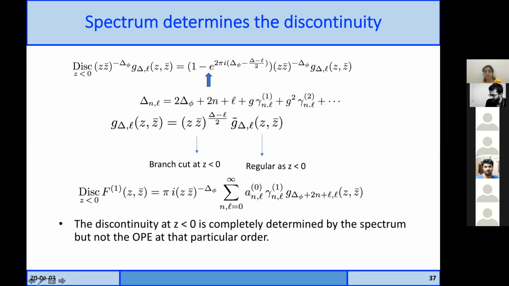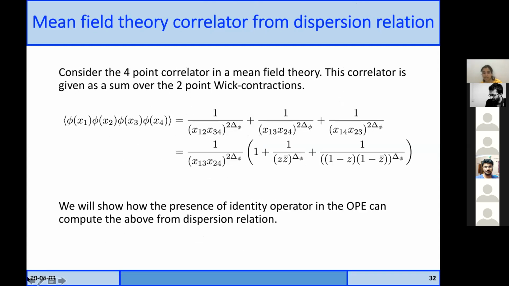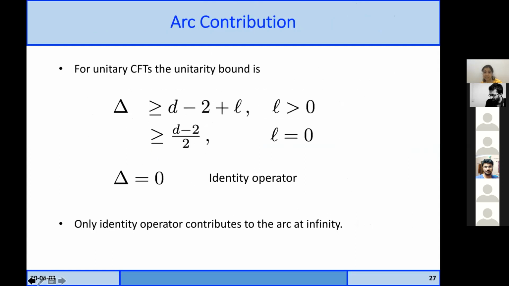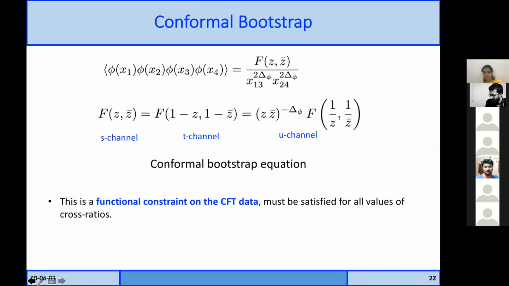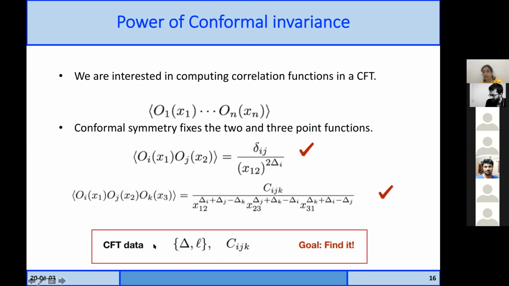Yeah, Parijat, you said you need less data to constrain the CFT. Can you comment on that? Yes. Usually the CFT data are these deltas and C's, right? So you need the spectrum and the OPE coefficients.